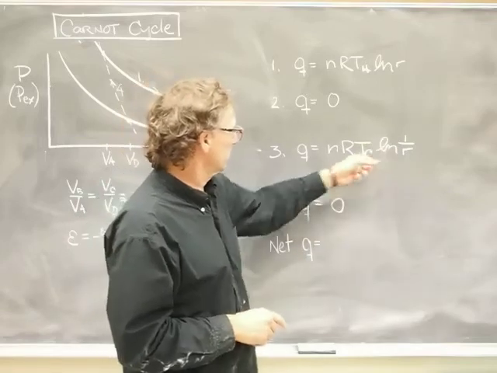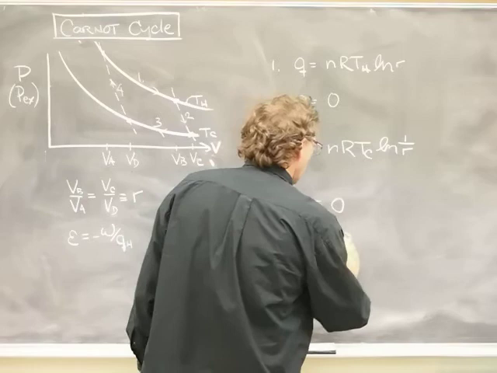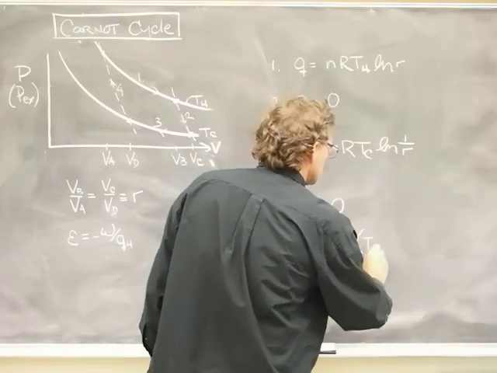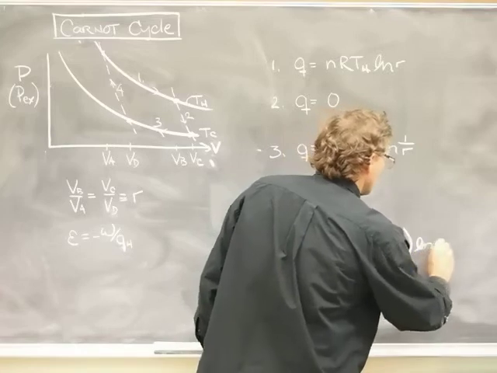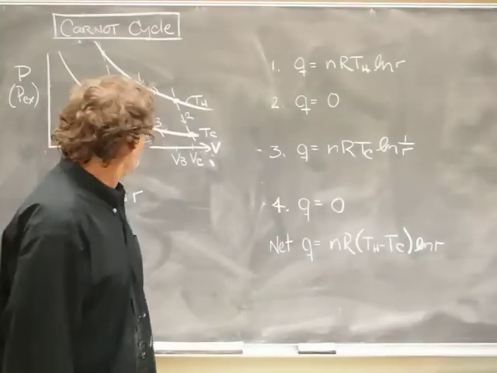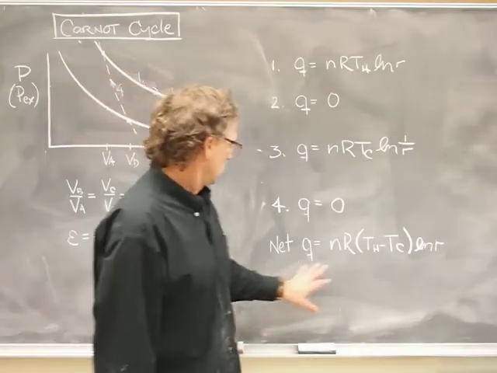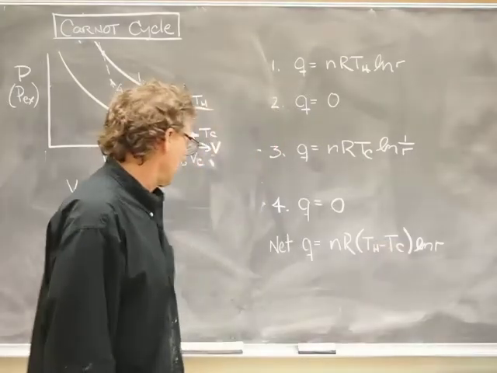When we inverted this, it made a minus, so the net must be equal to nR times T hot minus T cold times natural log of R. So that's the total amount of heat, and there we have that formula.